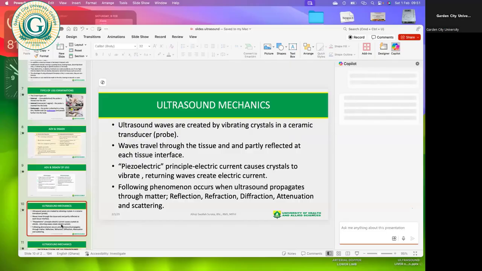These piezoelectric crystals vibrate intermittently. When they vibrate and produce sound, it travels through the tissues and the part that is reflected is interpreted by the ultrasound machine, as I said before. The principle that underlies the production of ultrasound is piezoelectricity.